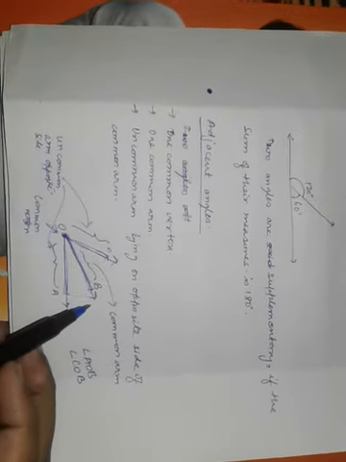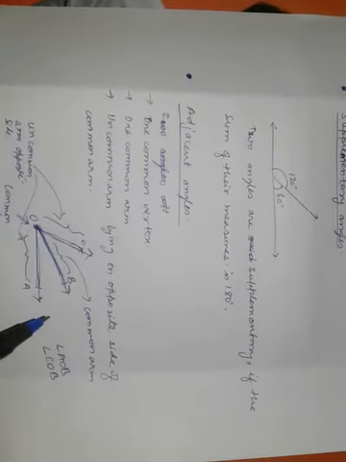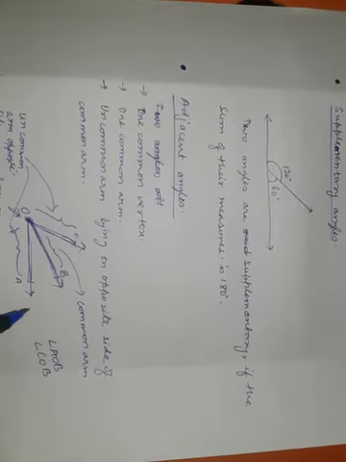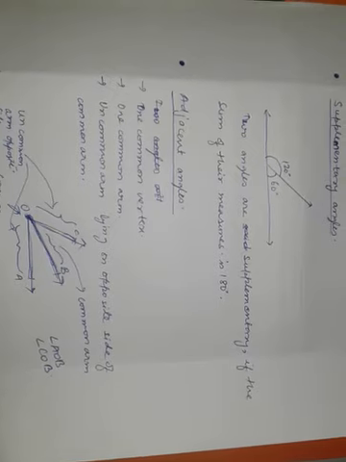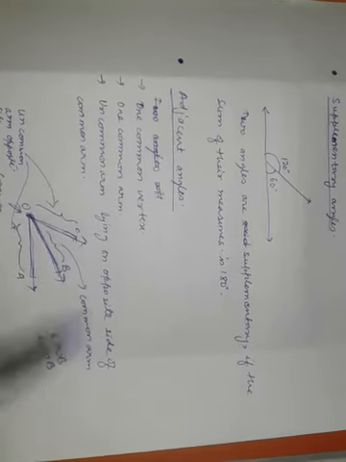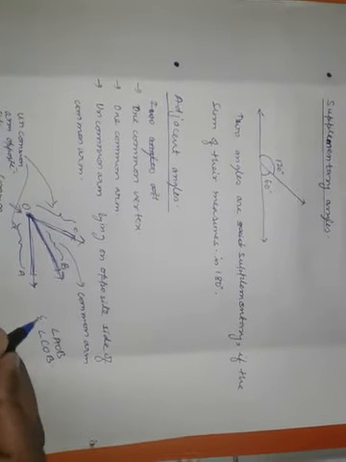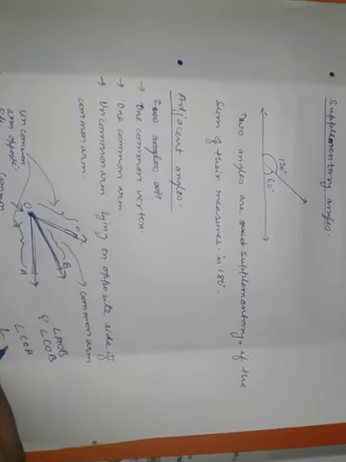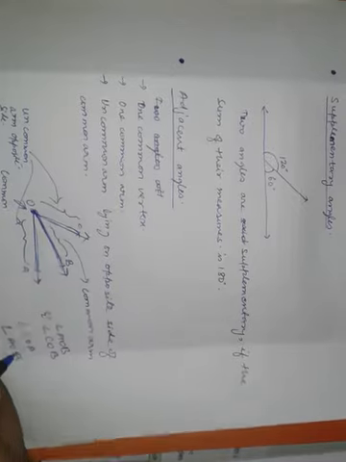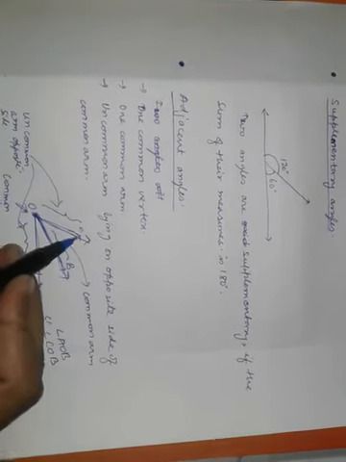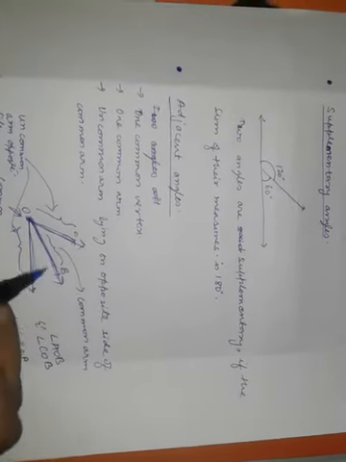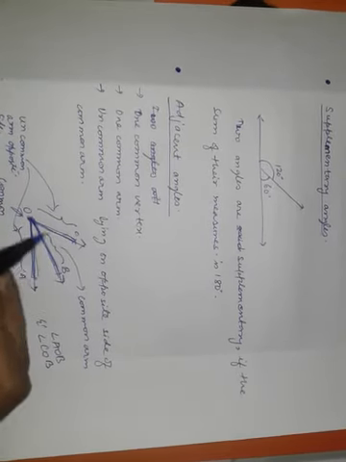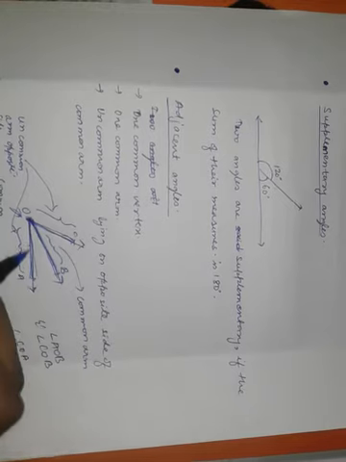You have to keep this in mind. If anyone asks whether angles are adjacent or not, you have to check these three points. Suppose I say angle COB and angle AOB, are they adjacent or not? This one is the bigger angle, and AOB is the smaller one.